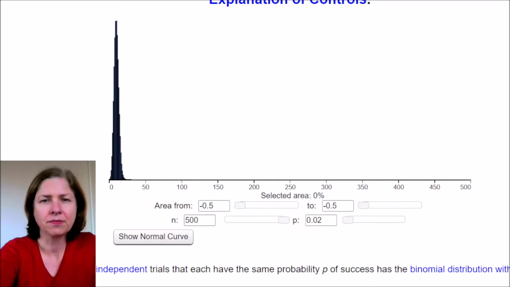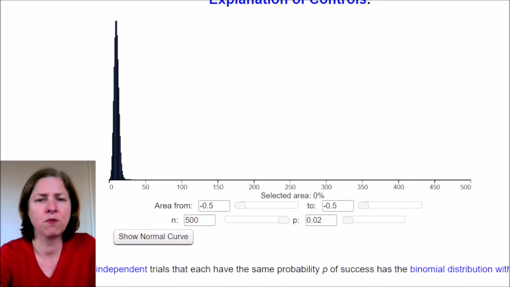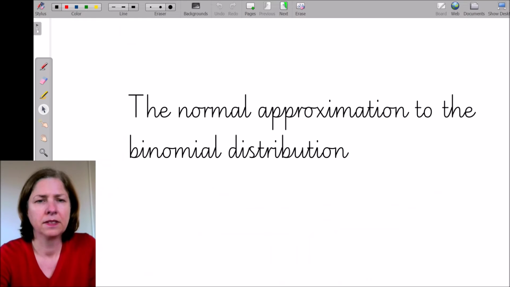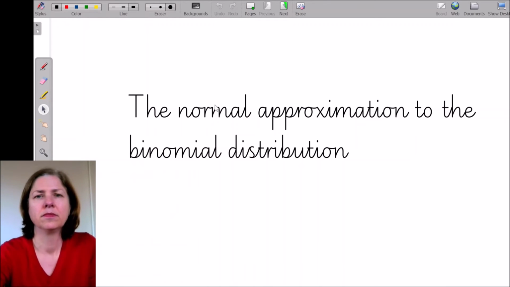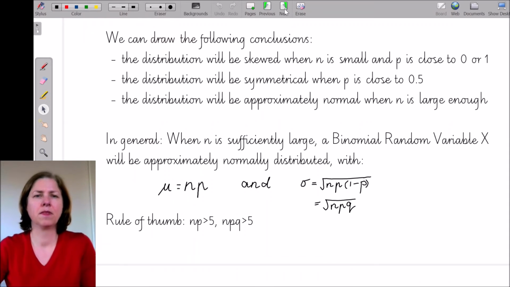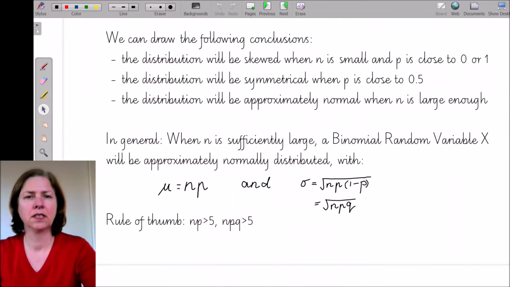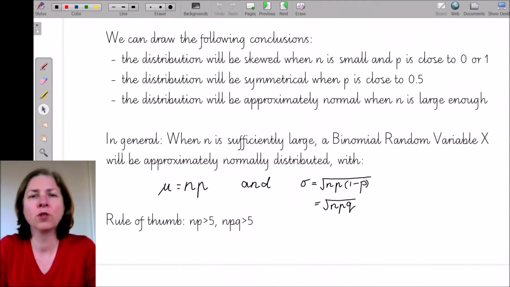Okay, so what have we found? Let's have a look at this. So I've got some conclusions that I'm going to draw from that. Firstly, the distribution will be skewed when n is small and p is close to 0 or 1.